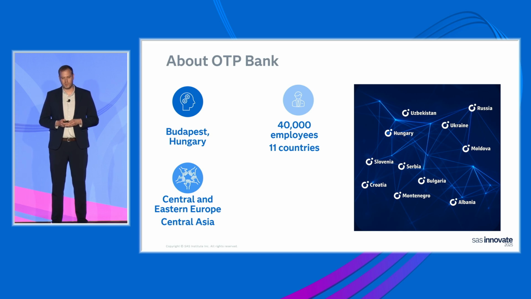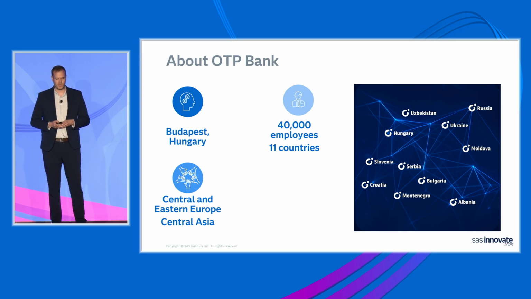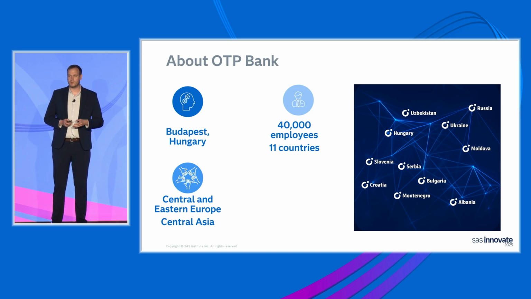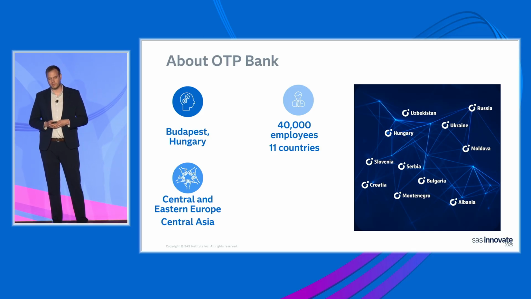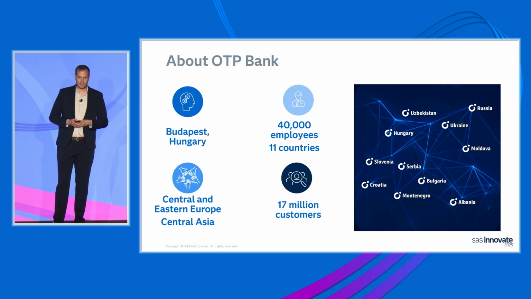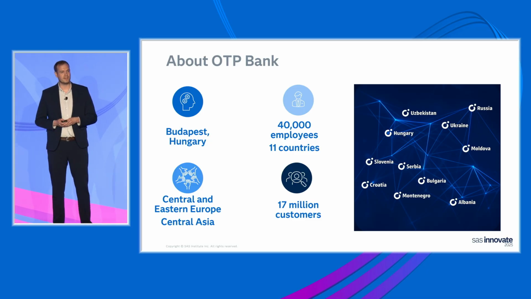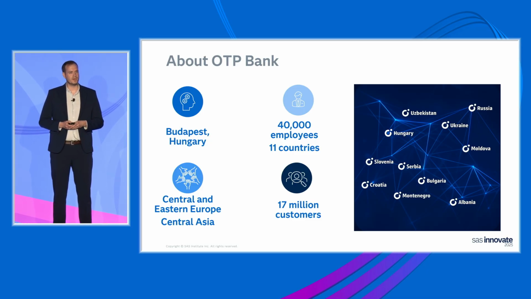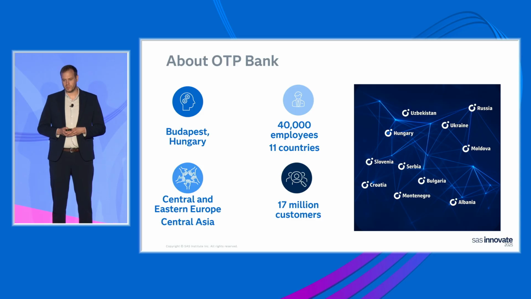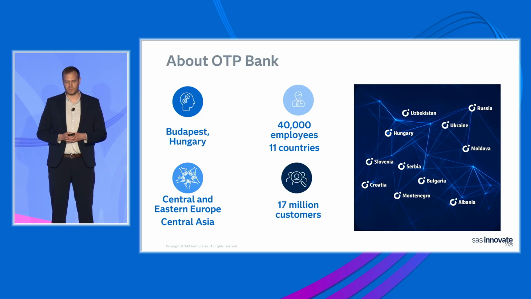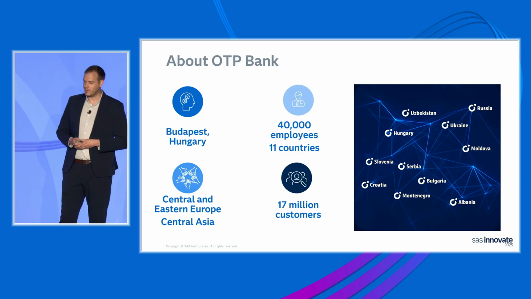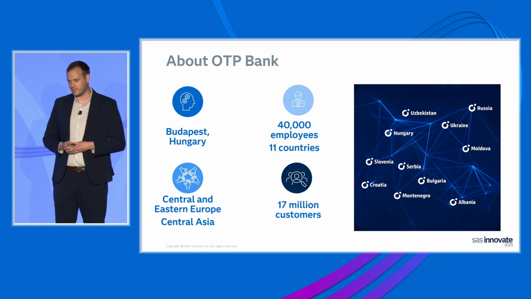And some years ago, we acquired a bank in Uzbekistan, so we are also in Central Asia now, with a workforce of over 40,000 employees, and we are serving at least 70 million customers. So out of these numbers, you can see that stability is quite important for us, and that's why in this migration project, we also wanted to have a stable solution. But let's see our strategic partner, where Zsolt is working, the Consortix Group.